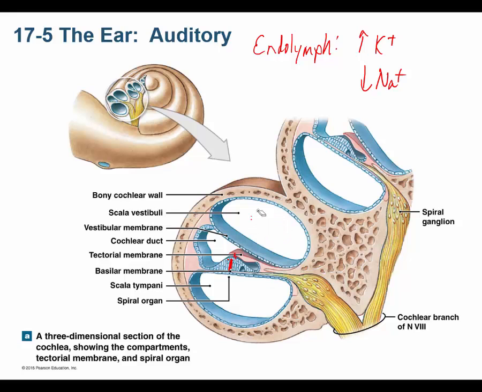The sound wave has vibrated your tympanic membrane, which vibrated your bones, malleus, incus, and stapes, which vibrated your oval window, which then caused a wave in your perilymph. That energy in the wave of your perilymph can be transferred through here. It doesn't have to go to the end of the scala vestibuli, around the corner and come back out through the scala tympani, although it can.